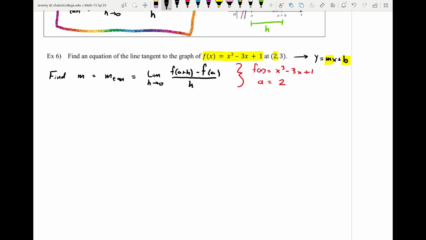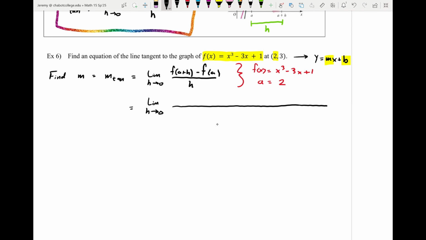So now we substitute all that stuff in. So we're going to look at the limit as h goes to 0 of, and you see a long fraction bar like that, it's going to be a little rough, but it's okay, we'll get through it. F of a plus h. So we got to do that thing where we substitute a plus h into the function.